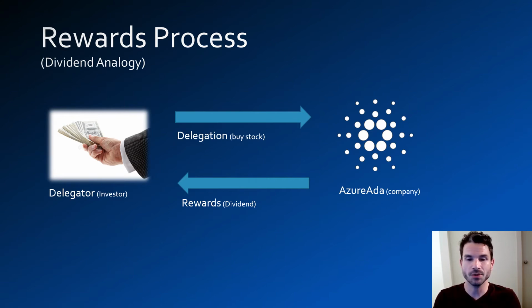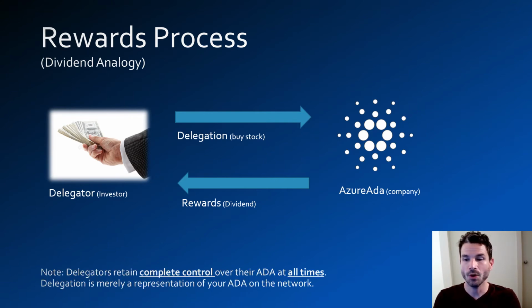This is similar to a dividend reward payment. One thing to remember is that at all times, delegators maintain complete control over their ADA. Delegation is merely a representation of your ADA on the network, and no stake pool operator should require that you send them your own ADA.